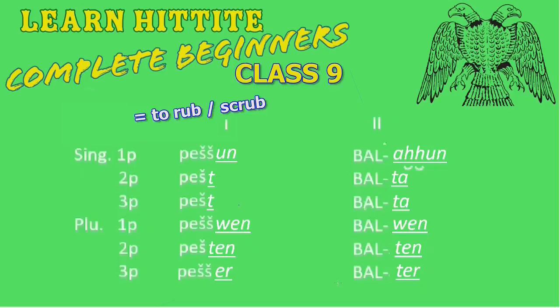Now, even though we have the sumerogram here, it's highly likely that people reading the Hittite cuneiform at the time will have still pronounced this word as if it was represented using Hittite syllables. So it would actually be spoken as shipandachun, shipanta, shipanta, shipanduwen, shipanten, shipanter.